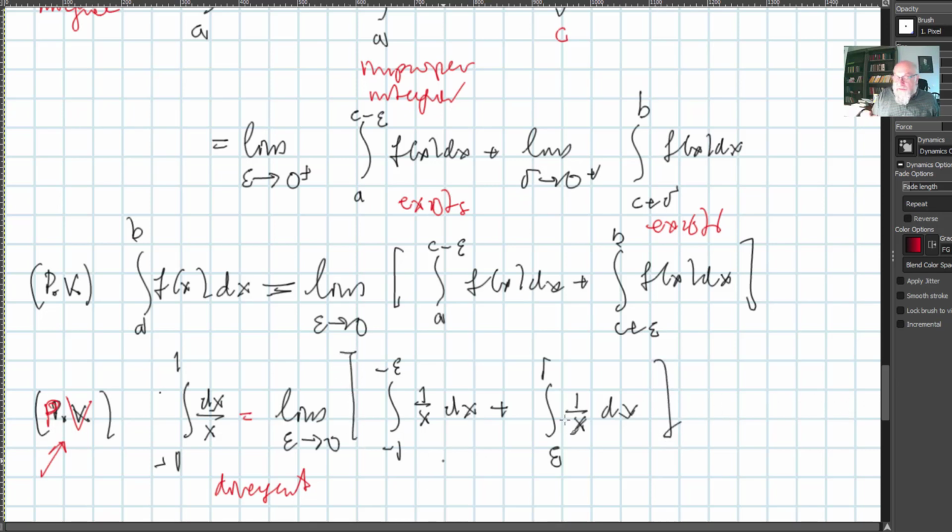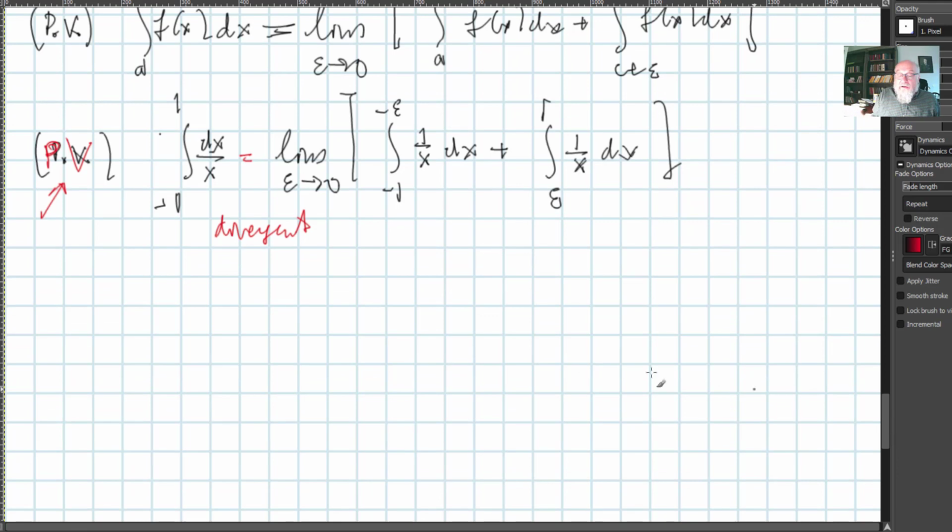Before we compute the limit, we evaluate this integral. We know how to do this. This is the limit as epsilon goes to 0 of ln of the absolute value of x from minus 1 to minus epsilon, plus ln of x from epsilon to 1.